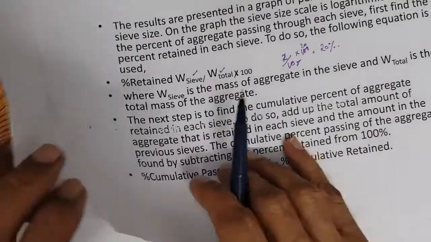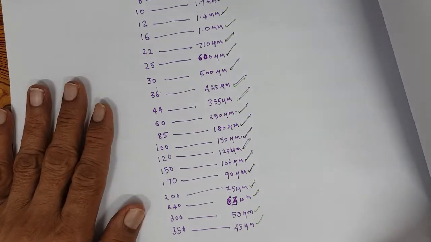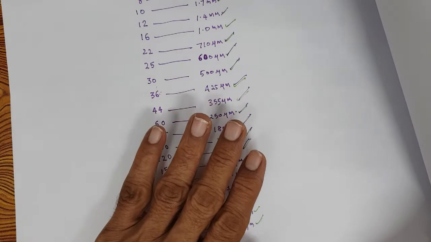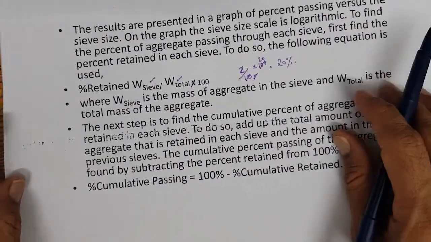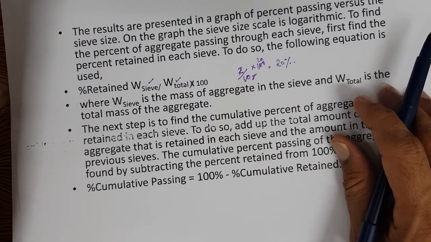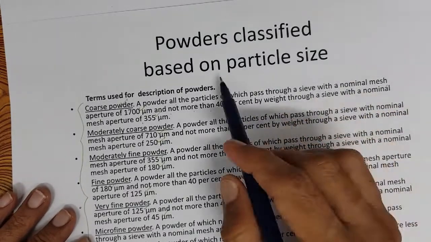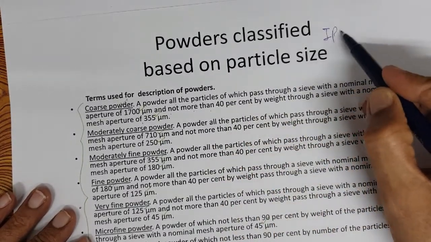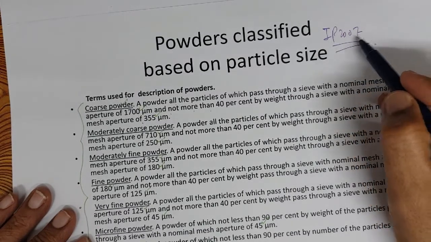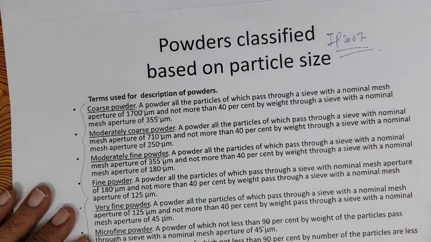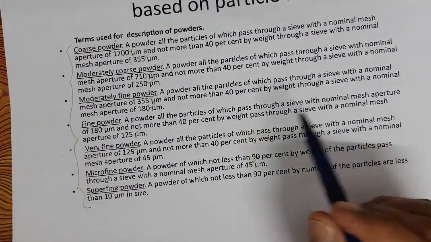See, this chart is very, very important: sieve number and the corresponding particle size. This is sieve analysis. Based on the sieve analysis, powders are classified. In the Indian Pharmacopoeia 2007, they have defined powders based on particle size.